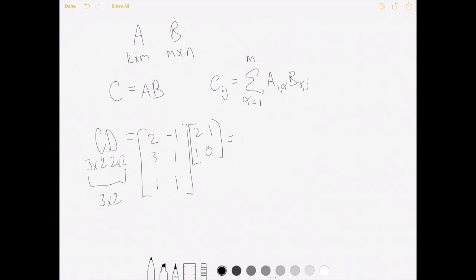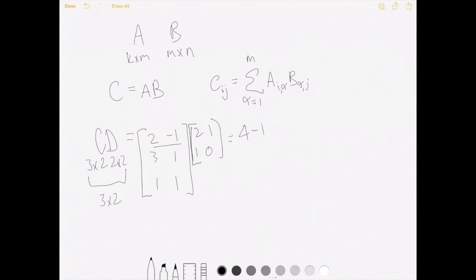And the first element is going to be, we're going to take this row of C, we're going to multiply it element-wise by this column of D. So we're going to get 2 times 2 is 4, plus minus 1 times 1 is minus 1.